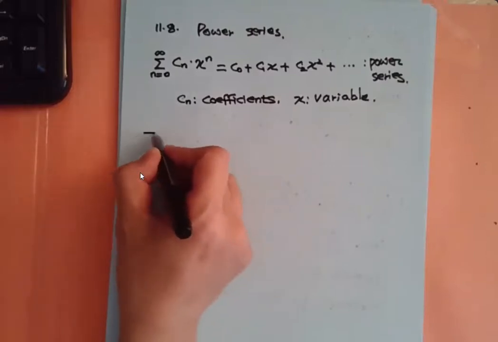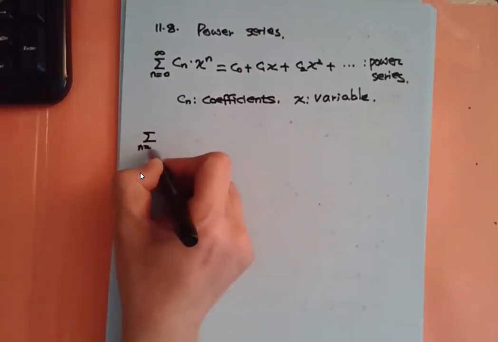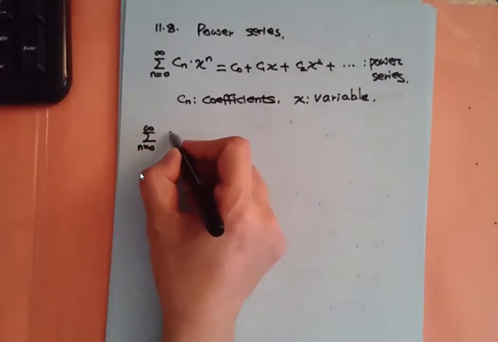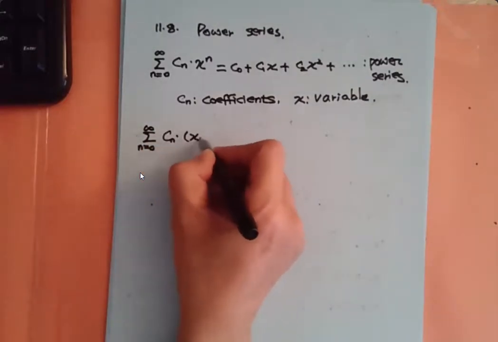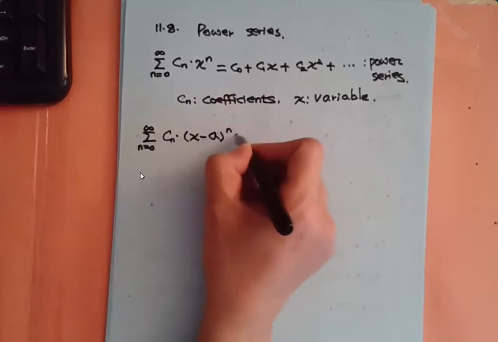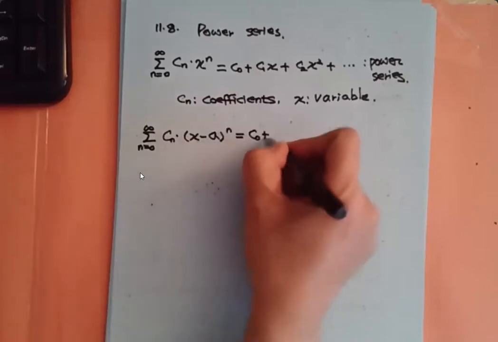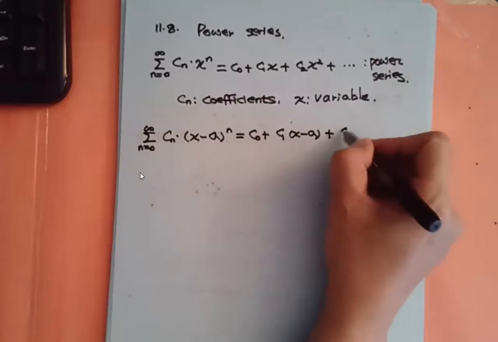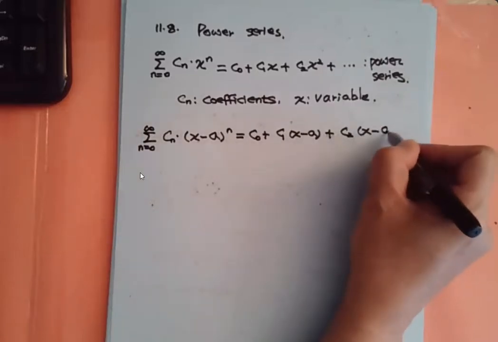And there is a variation of power series. n equals 0 to infinity, c_n times (x minus a) to the n power equals c_0 plus c_1 (x minus a) plus c_2 (x minus a) squared, and so on.